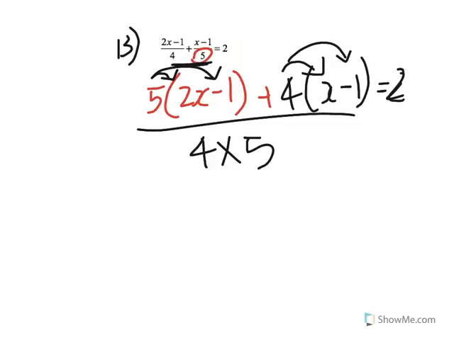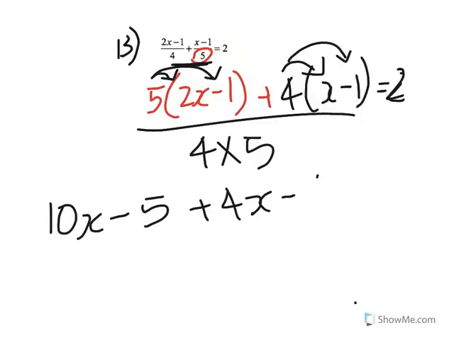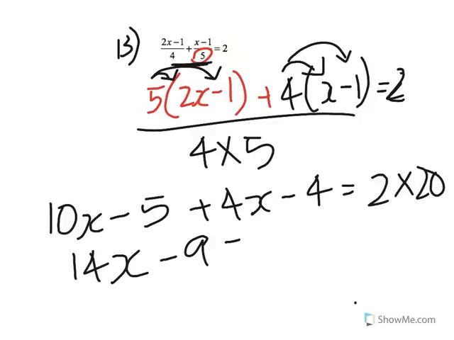Yeah, so what we're going to get is 10x minus 5 plus 4x minus 4 is equal to 2 multiplied by 20, because this is equal to 20, right? And you just multiply both sides by 20. So simplified, this becomes 14x minus 9 is equal to 40, right?